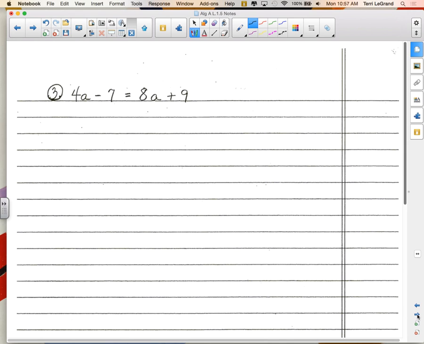Okay, let's go to the back side. I think we're only going to practice one more. But before you even make a decision about what you're going to do, I see a subtraction in it. So what do we do? We're going to add the opposite. So we're going to rewrite this as 4a what?